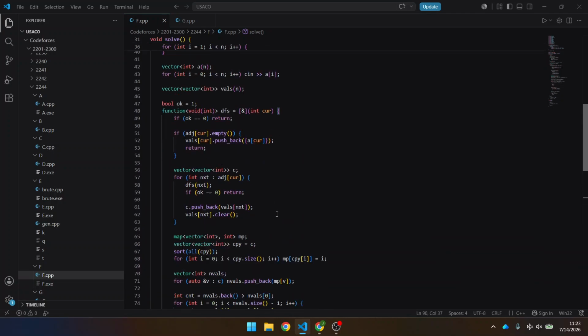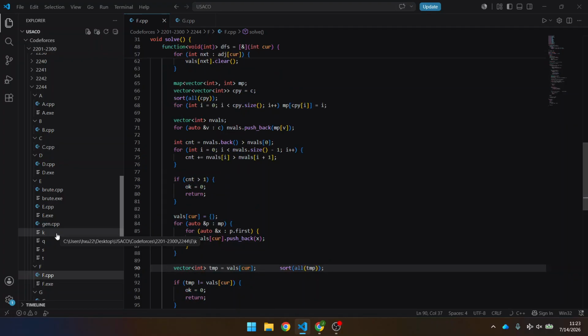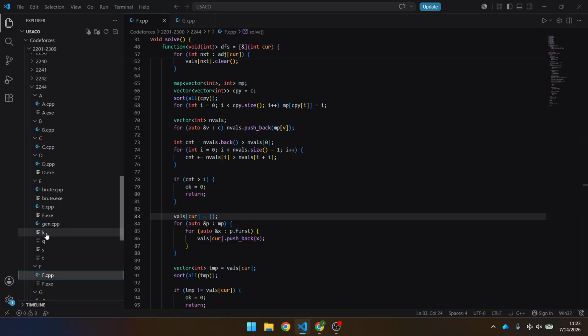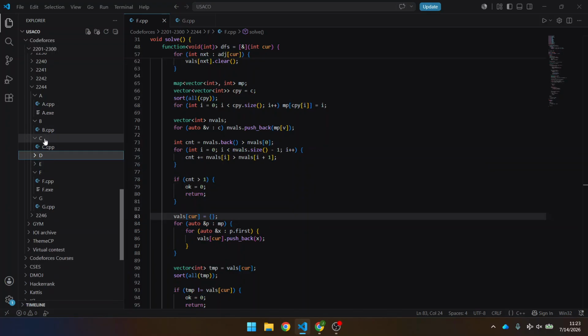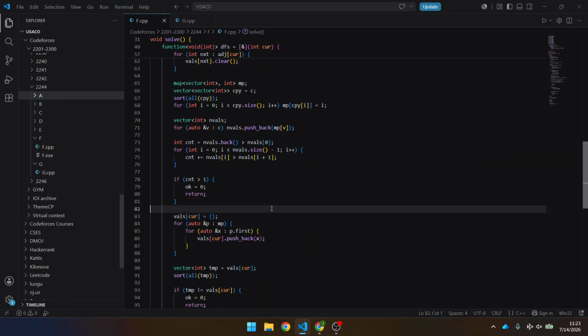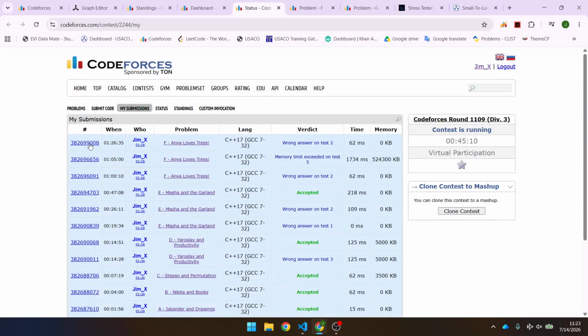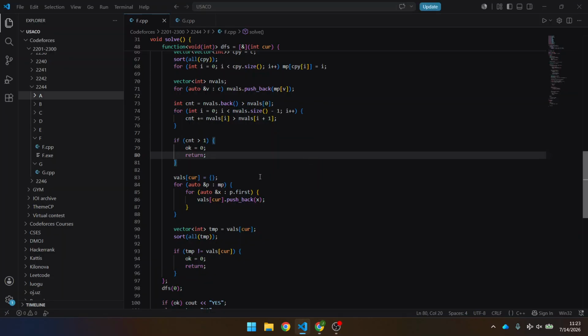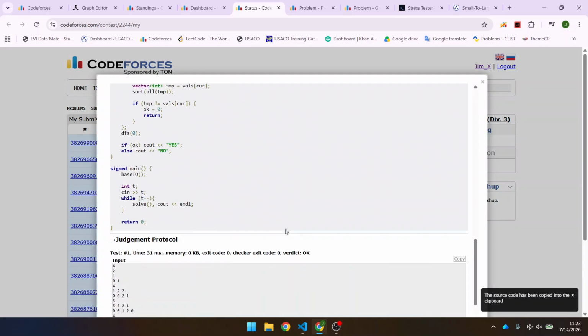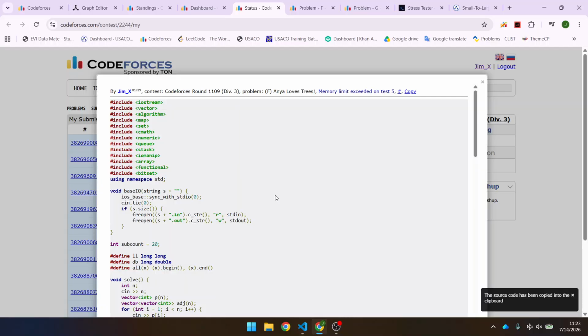So over here, okay, so the thing is, after you sort them, they can only be in that position.